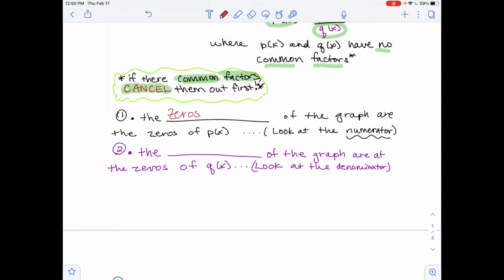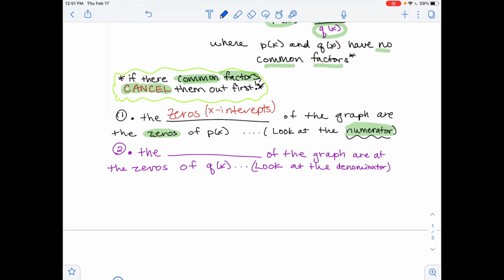Okay, so now let's talk about the zeros, or x-intercepts, of the graph. They are the zeros of the numerator. So take just the numerator, set it equal to 0, and solve. That's how you're going to find the zeros of the overall graph.